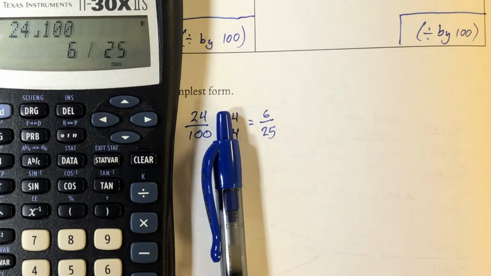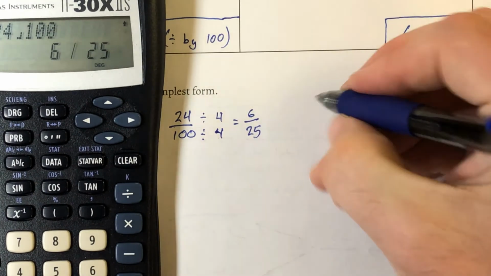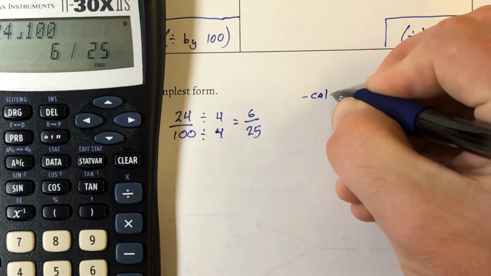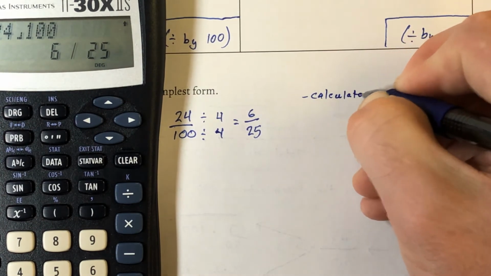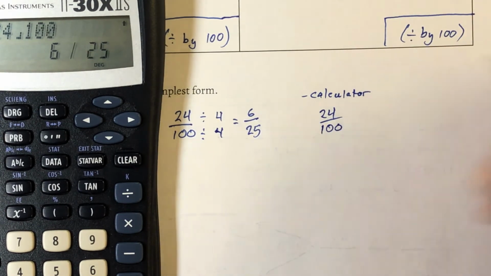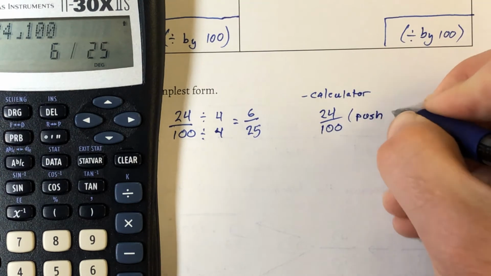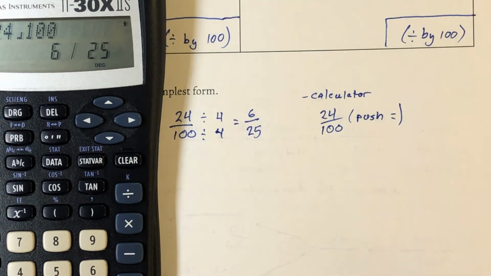That was nice. So, if I wanted to use a calculator, again, all you have to do is type in your number, 24 100ths, and you push equals. And it will simplify it for you.